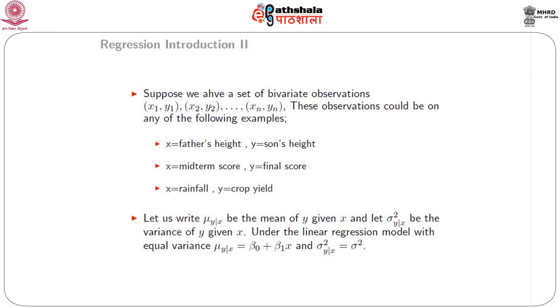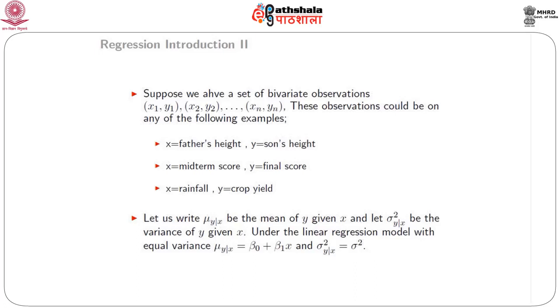Let us write mu subscript y given x be the mean of response y given the value of explanatory variable or predictor variable x, and let sigma square subscript y given x be the variance of y given the value of x.